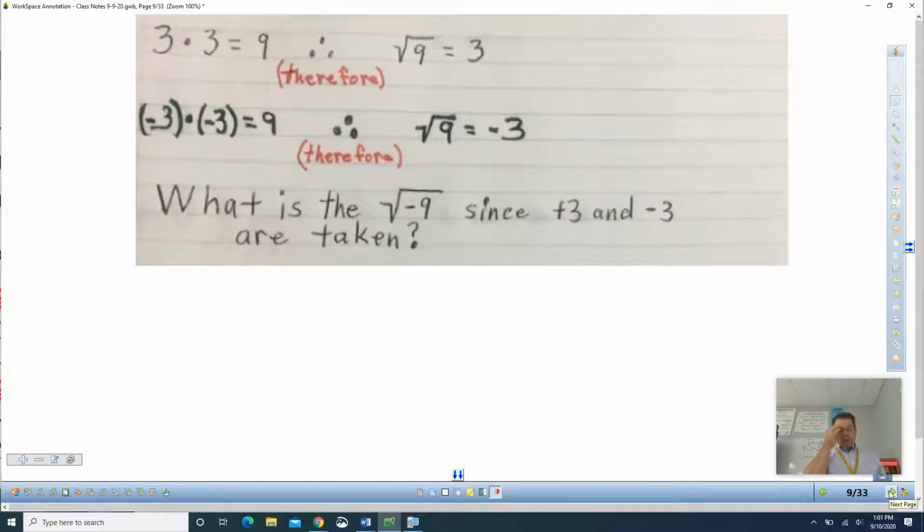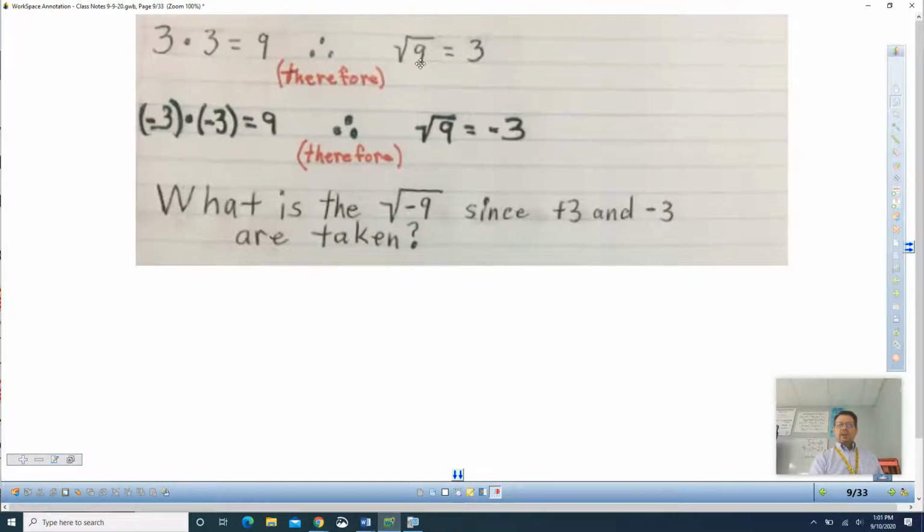Now, when we're talking about solving by square roots, sometimes you end up getting a square root of a negative number. And in algebra 1, we just go like, you can't do that. That's not a real answer. But in algebra 2, we're going like, what are we going to do about that? So let's take just a second and talk about this. 3 times 3 is positive 9.